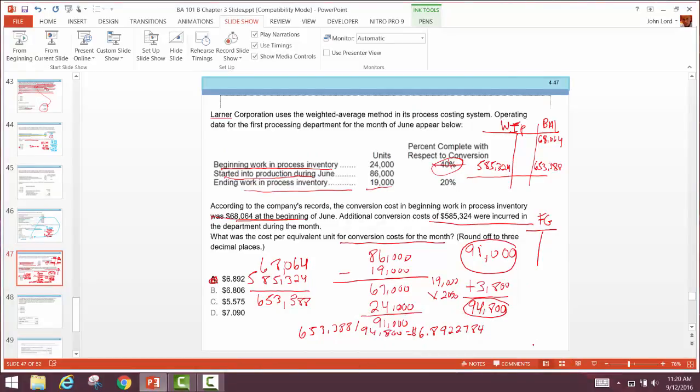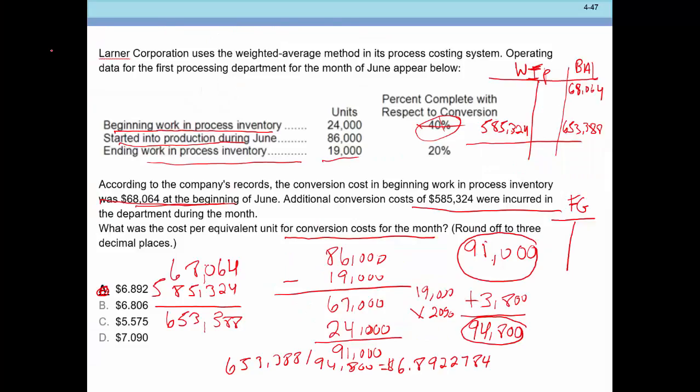And so I go ahead and I take what, 6.922784, and I'm going to multiply that not by the 94,000, but by what? The 91,000. And so I take that 91,000 times, where do I want to write this?